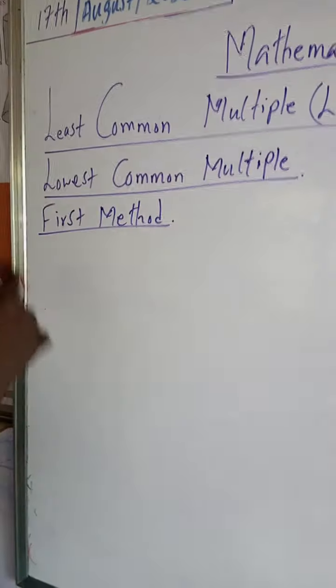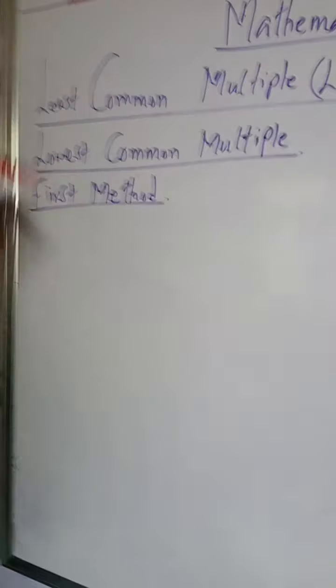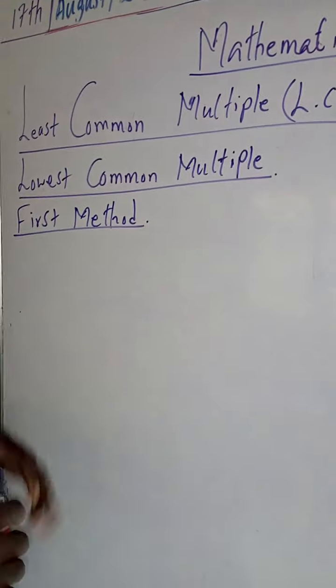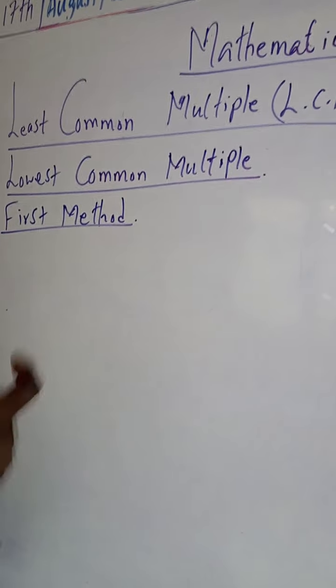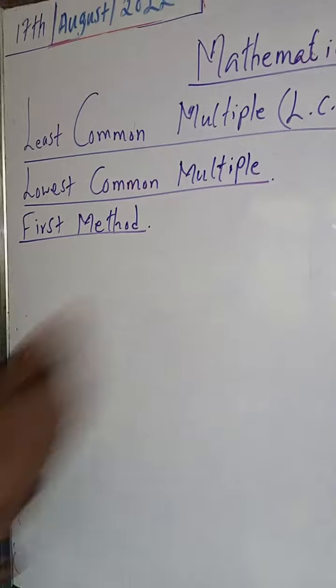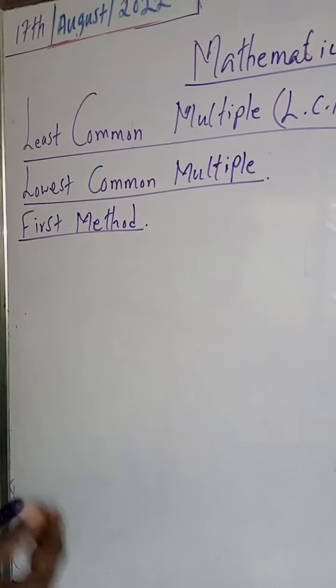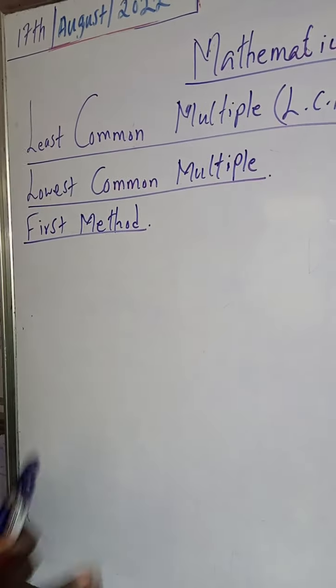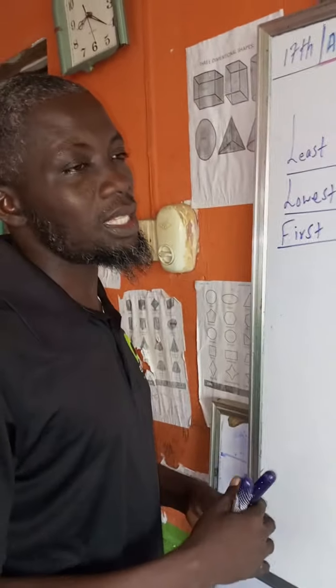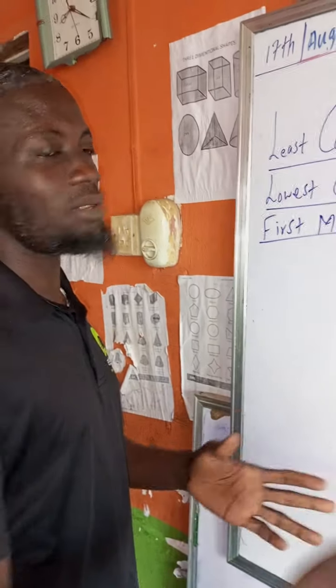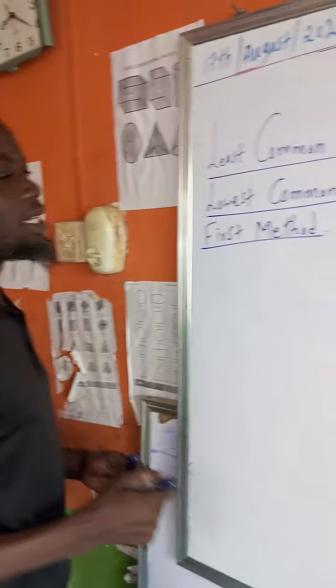What is multiple? Now, we said the multiple of a number is the addition of that particular number, or another number that a particular number can easily be divided with. So what are we saying?